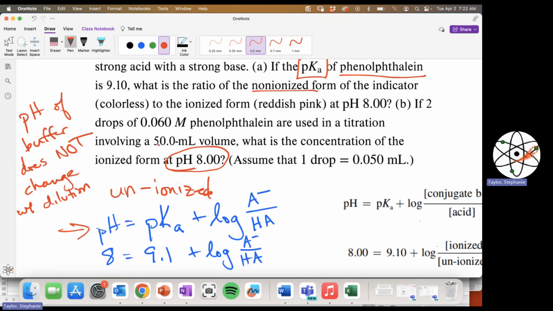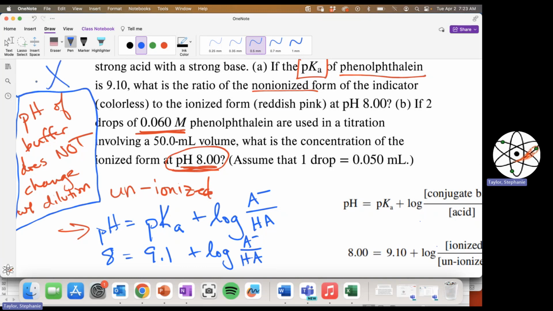What's the concentration? So you are going to calculate a new concentration, but this pH number is going to stay the same through this concentration and through its dilution, and you never have to recalculate pH because the pH of a buffer does not change with dilution.